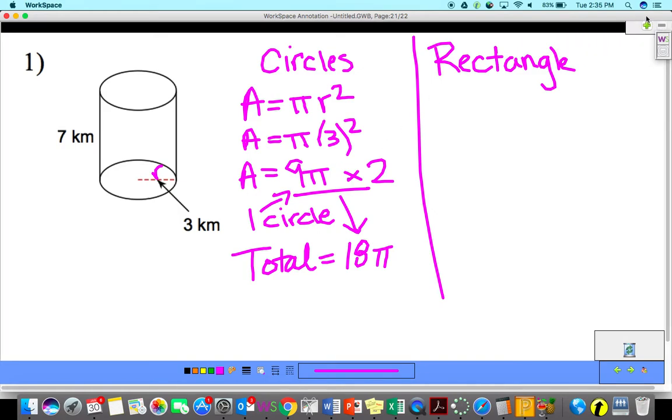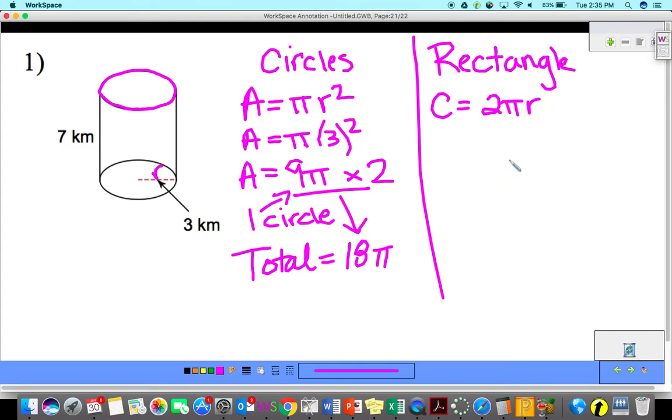Now I need to be able to calculate my rectangle area. Now if you recall from the visual, the first thing you need to do to find the area of a rectangle is to find the circumference. We're talking about this entire distance around the outside of this circle. So if you look at your reference sheet, you notice that circumference is equal to 2 pi r or pi d.